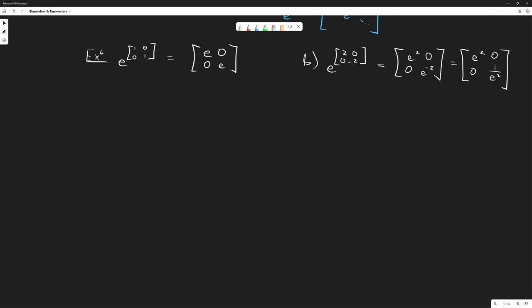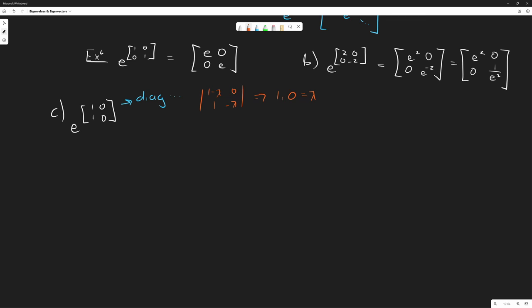So our last example will be when we have e raised to the matrix 1, 1, 0, 0. So we need to diagonalize this. We just use, as usual, the determinant of 1 minus lambda, 1, 0, negative lambda. And so we can see that our eigenvalues are 1 and 0.